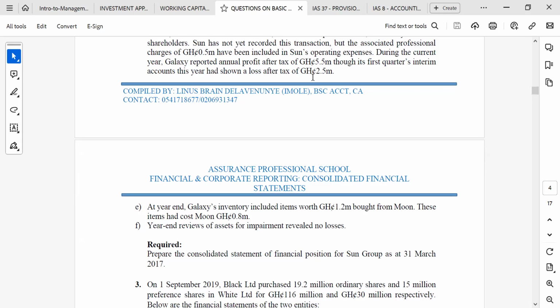Intergroup trading. Okay, so the intergroup trading is between who and who? Associate and Moon. But whatever transaction we are carrying out between the associate and the parent, the subsidiary, which is Moon, okay, who is the subsidiary?